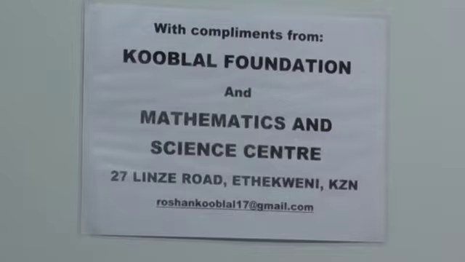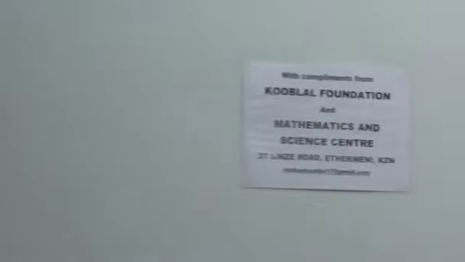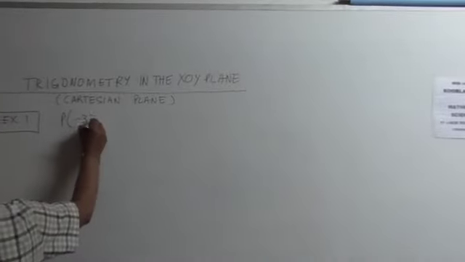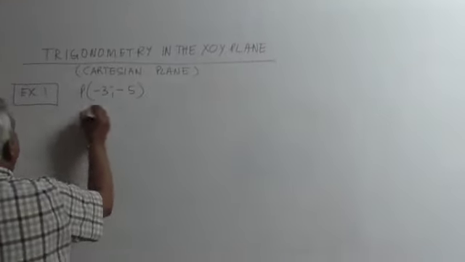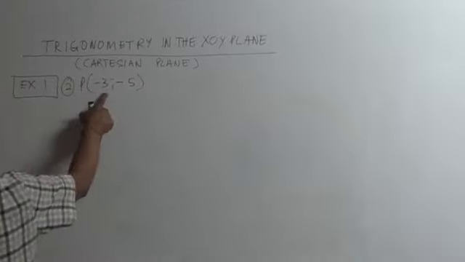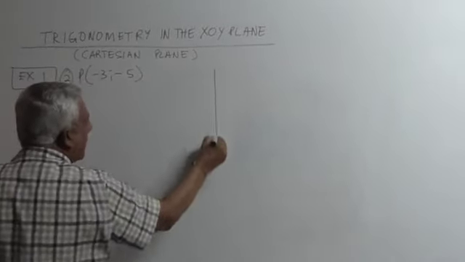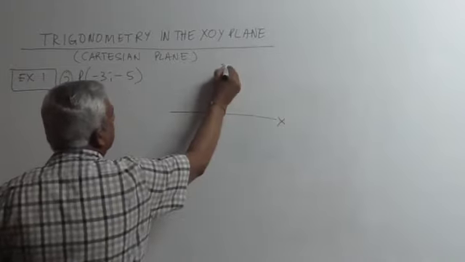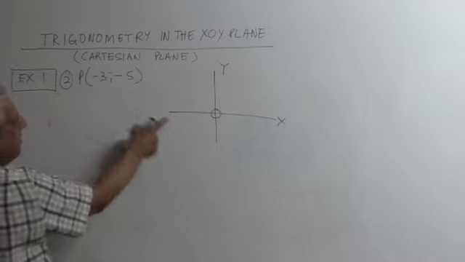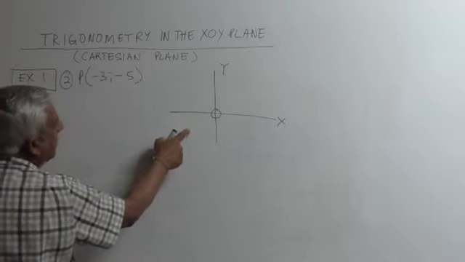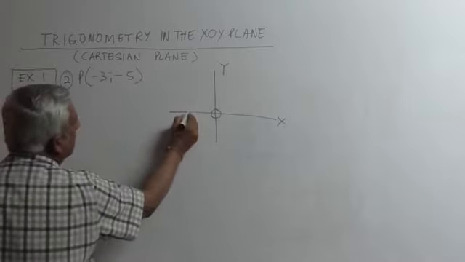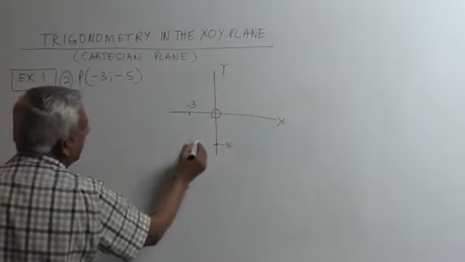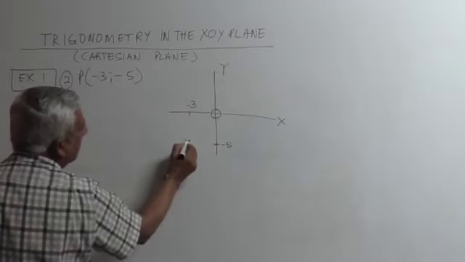In number 2, we were given the point P (-3, -5). So we draw our Cartesian plane once again. There's your x-axis, there's your y-axis. Minus 3, minus 5 will be in the third quadrant. So P is somewhere here.